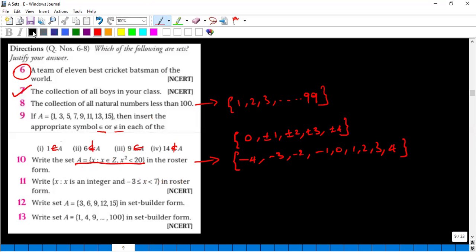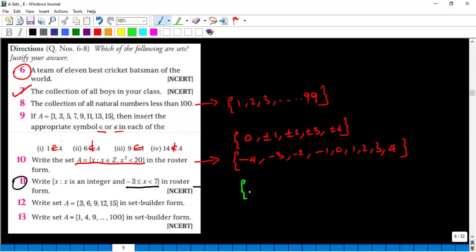Okay. Let us see question number 11. Write x such that x is an integer and minus 3 less than or equal to x less than 7, in set builder form. I want roster form. So I'm going to write it. Value of x must be in between minus 3 and 7.